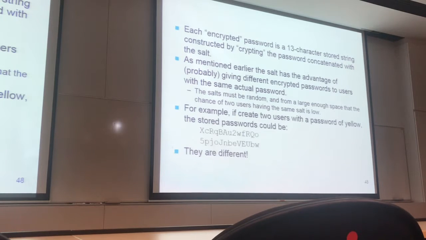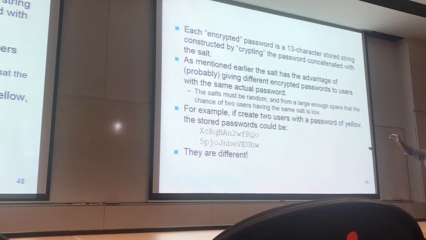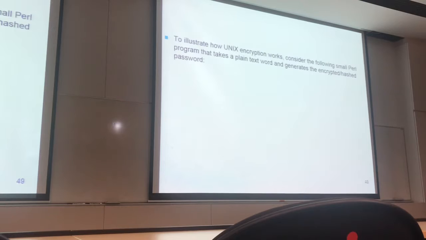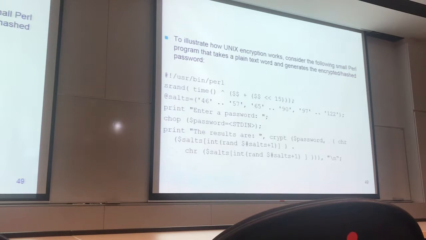And if you use the same password for different users, you still get different hash values because of the salt. Every time we hash a password, we can calculate a new salt value for new users. So even if you use the same password, you will get different hash values.